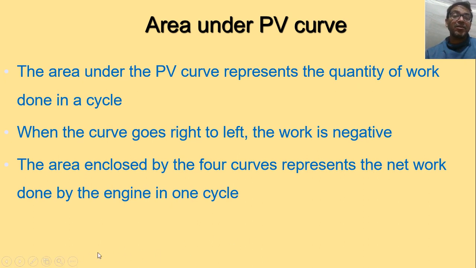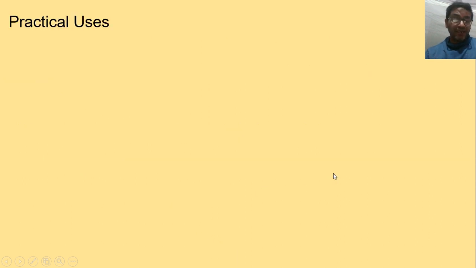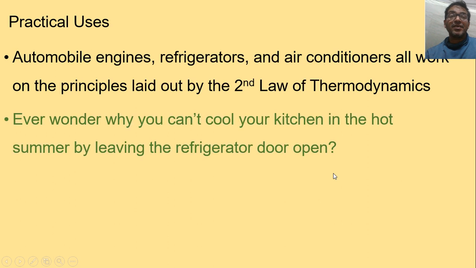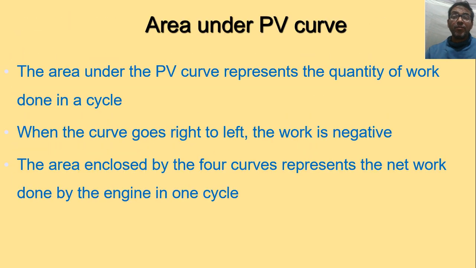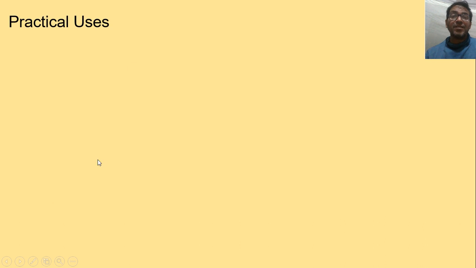The area enclosed by the 4 curves represents the net work done, right? The net work done on the system. Okay, so the net work done by the engine in one cycle. That part is basically the area under the PV curve.